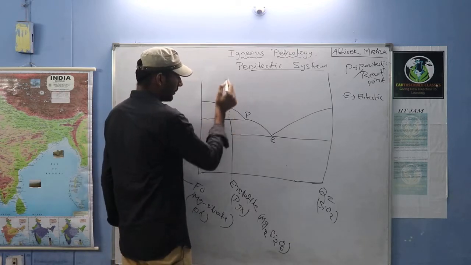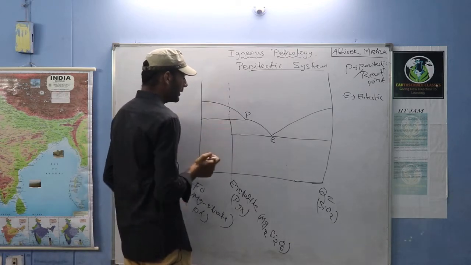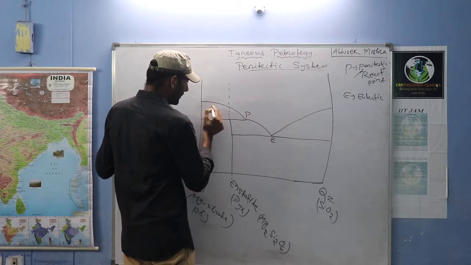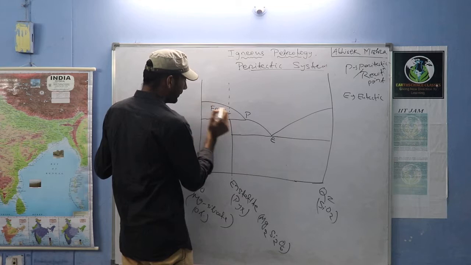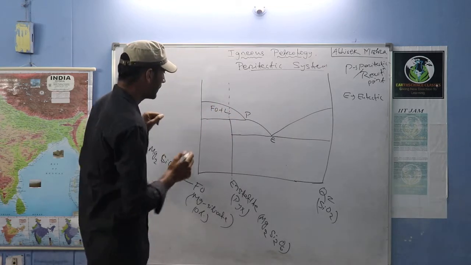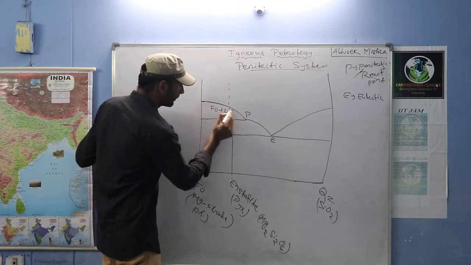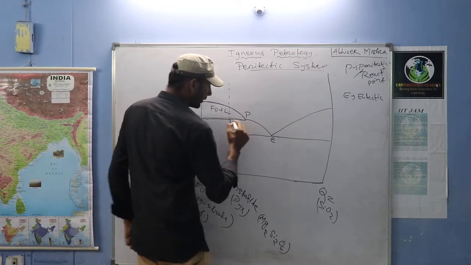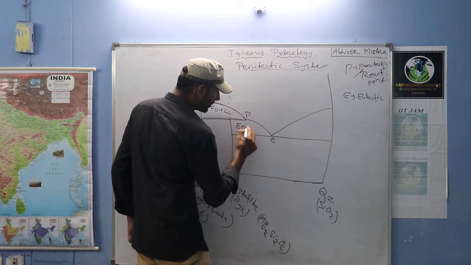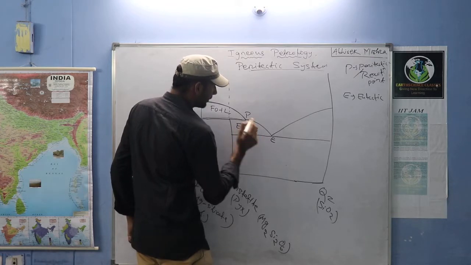Here I have marked it dotted. Why I have marked it dotted, I will tell you. This total field is forsterite plus liquid. Then this field is enstatite plus liquid.